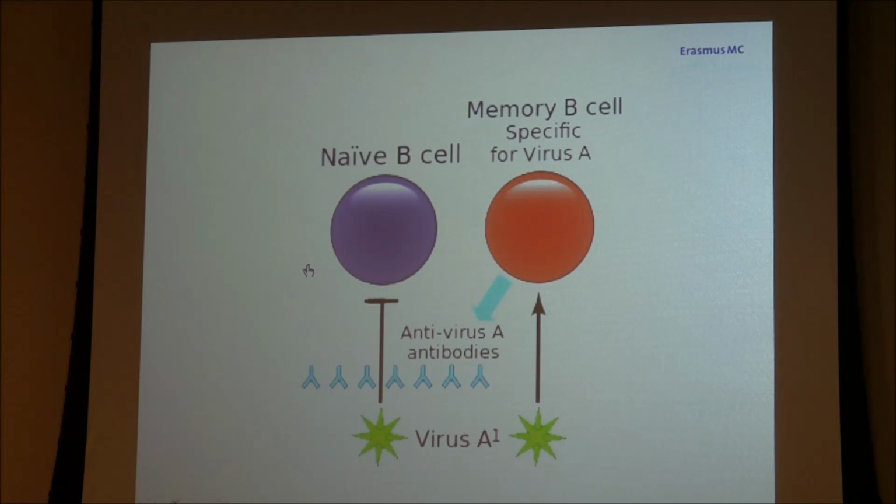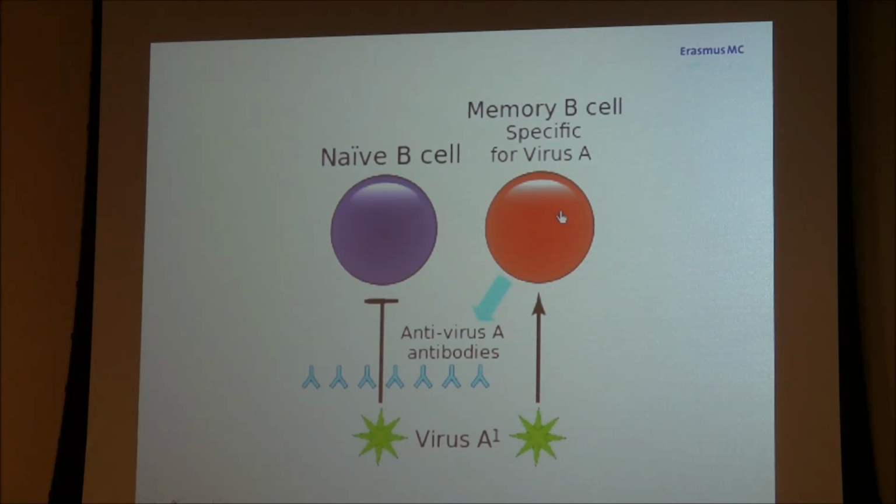What does it mean? If you have a first encounter with a virus or a bacteria, your B cells start producing immunoglobulins, the proteins that can attack the bacteria and can get rid of the bacteria. But upon that first encounter, your B cells also start producing memory B cells. So if you get an infection with bacteria A, your B cells make proteins to get rid of bacteria A, but they also make memory B cells that can detect bacteria A, just to store in your body that in case you have a second encounter with that same bacteria, you have a faster and more efficient reaction to that same bacteria.